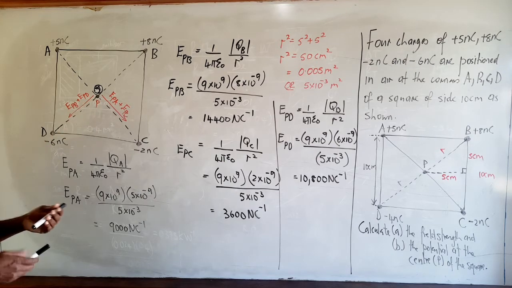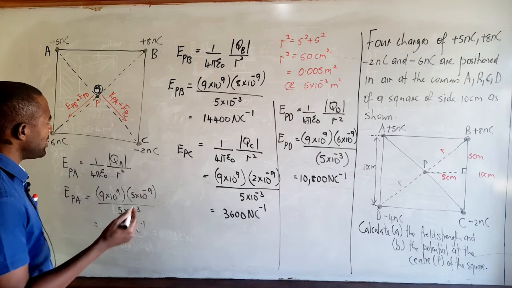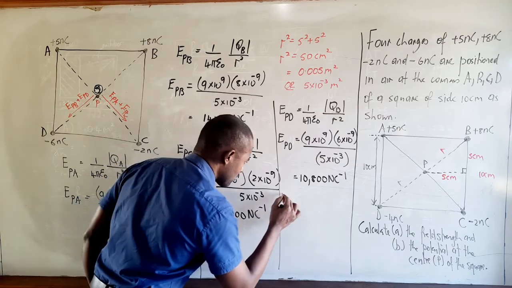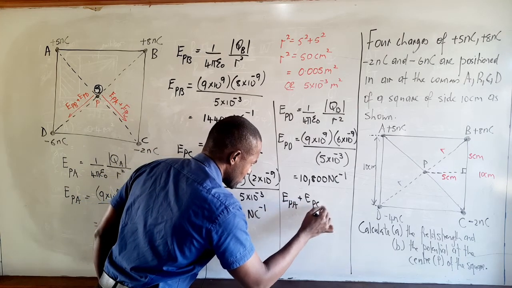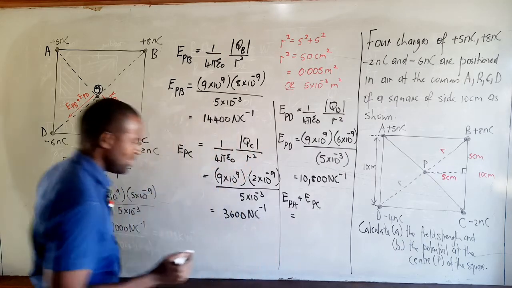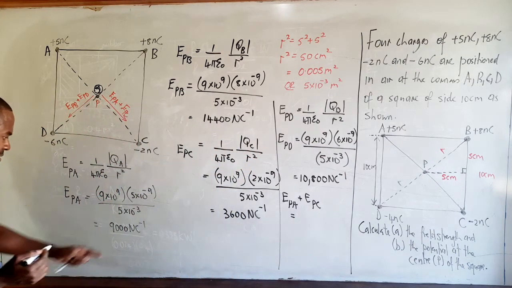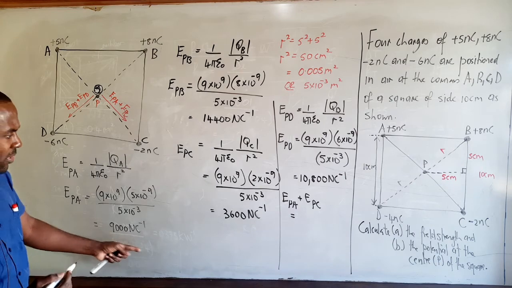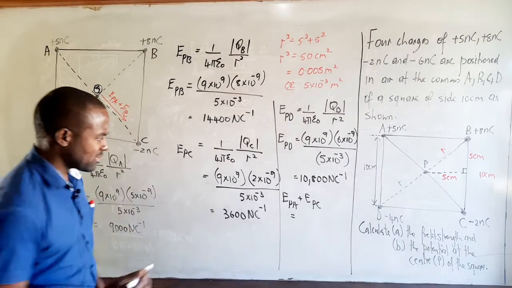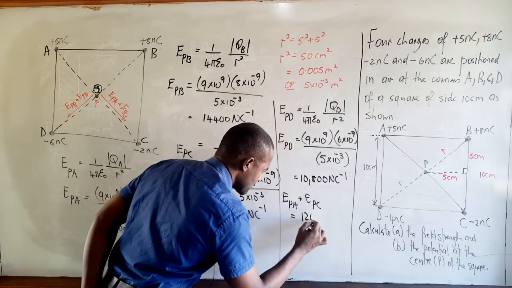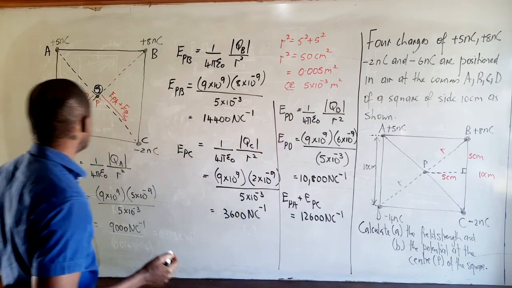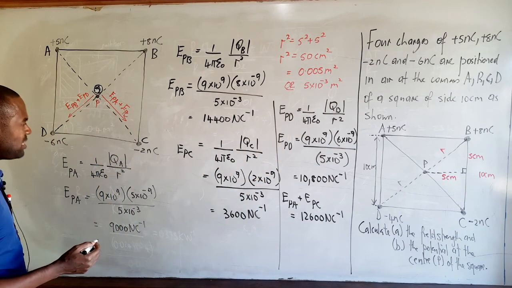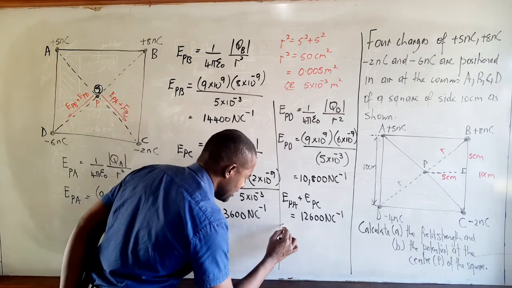So if we add those, EPA plus EPC is 9,000 plus 3,600, which gives us 12,600 newtons per coulomb. And similarly, EPB and EPD will also add.